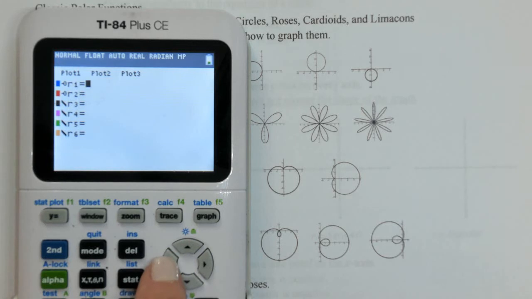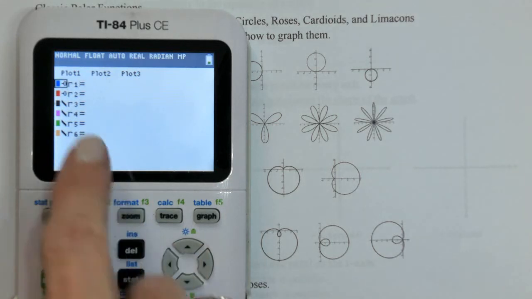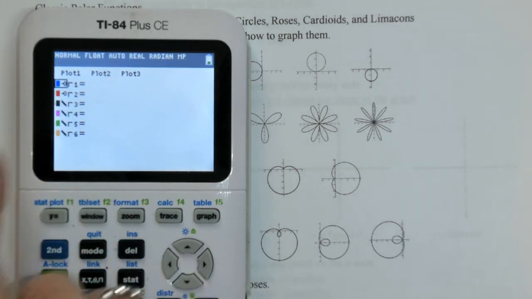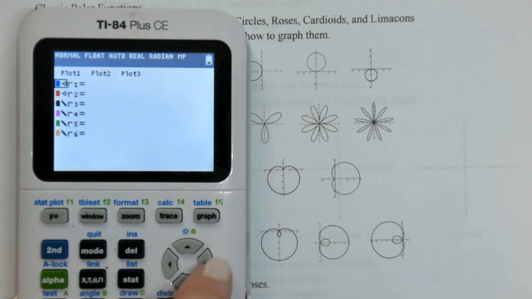When I'm graphing polars, I like to see how they're graphed. If you hit enter until you see that little icon, it allows us to see these polar graphs more clearly as they're graphing. It's not absolutely necessary, but I like that.